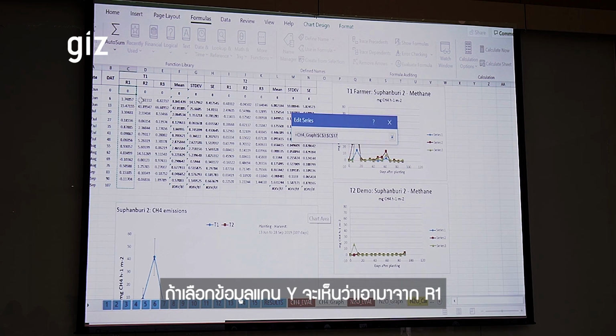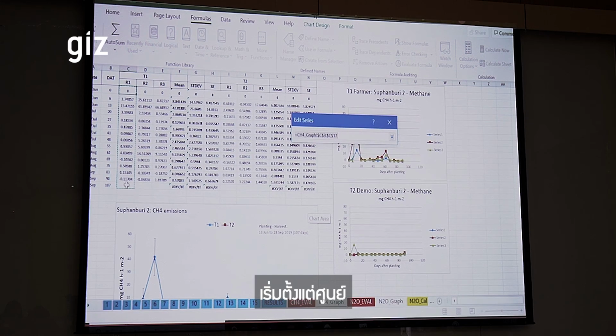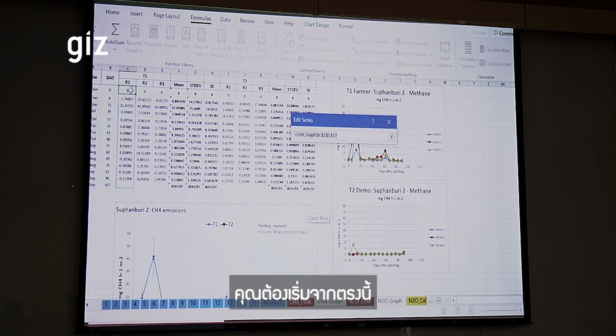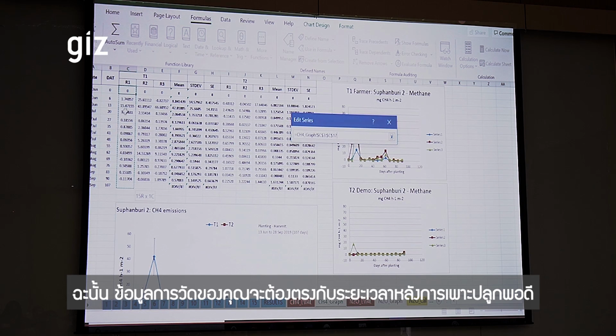The y-axis data you take from the replicate 1, from 0 until the end of the growing season, not only your measurement day. So you start here and make it one more cell here that is empty, include in the range, so that your measurement data exactly match the range of the days after planting.